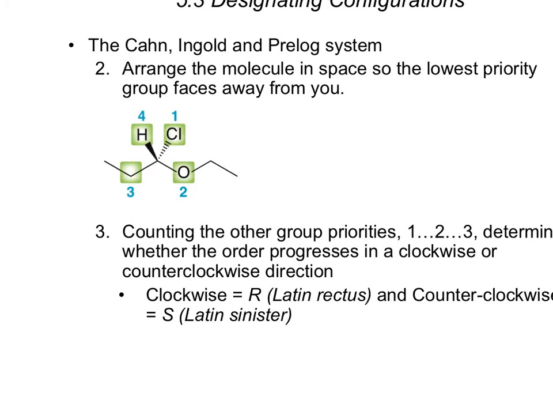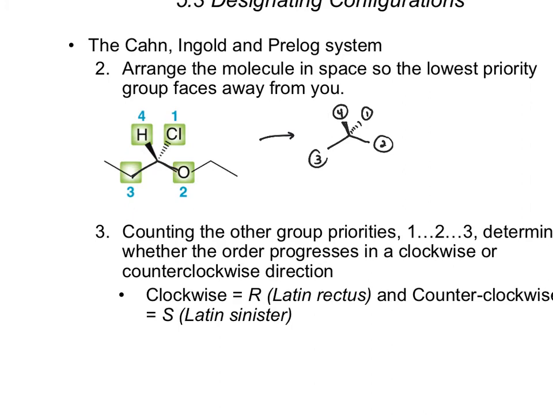I'm going to take just this bit of the molecule, because that's all I care about here, and redraw it. We have 4 up here, 1 right here, 3 here, and 2 here. I want 4 to be on the dash.